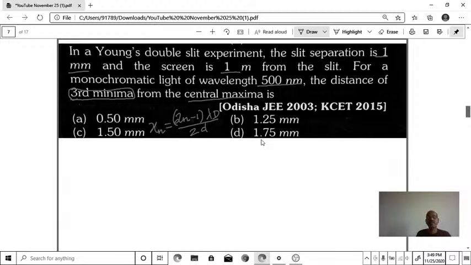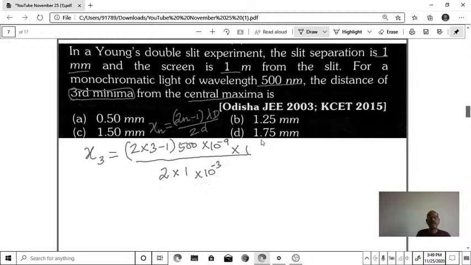Here according to the question, for monochromatic light of wavelength 500 nanometer, the distance of the third minima, so n equal to 3. So x to the base 3 equals 2 into 3 minus 1, into lambda, 500 nanometer, 10 power minus 9, into capital D, 1 meter, divided by 2d, where small d is 1 mm, converted into meter, 10 power minus 3.